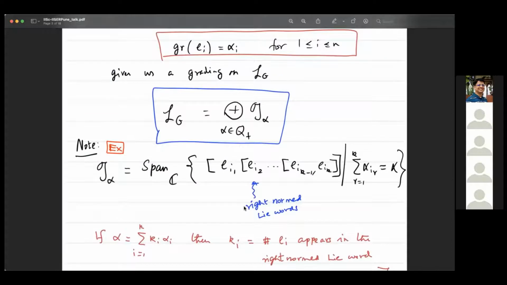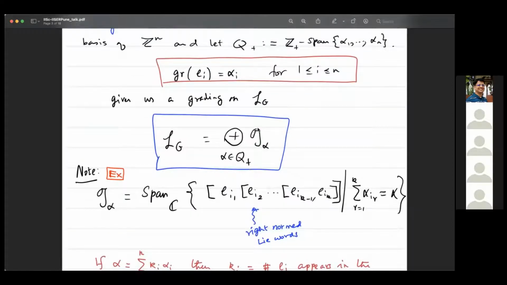So this grading gives us some way of approaching this Lie algebra. One can now ask many algebraic questions. What can you say about these graded spaces? Can you give us the dimension of these graded spaces, which is a very nice combinatorial problem?